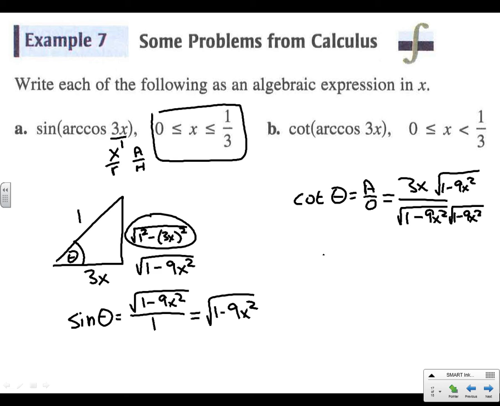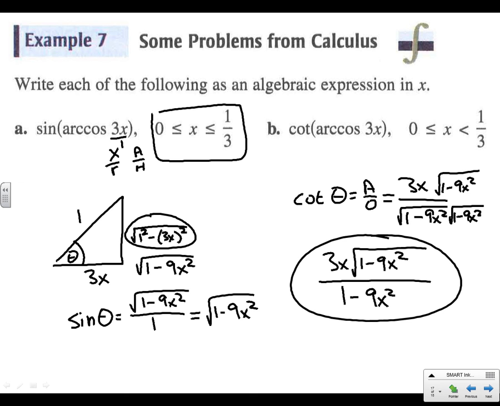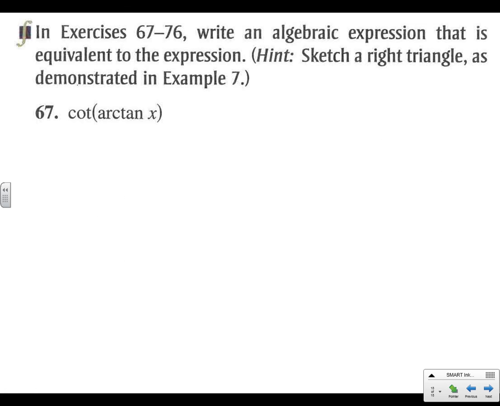And so our final answer would be 3x times the square root of 1 minus 9x squared all over 1 minus 9x squared. Not the prettiest answer in the world. Getting a little more complex here, so make sure you keep track of your square roots and your squareds and all your little pieces. See if you can do it for me on 67, and that's your last problem.